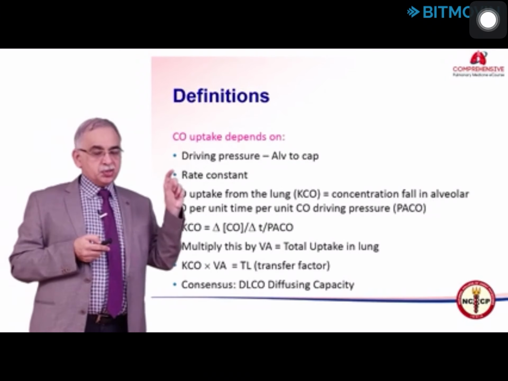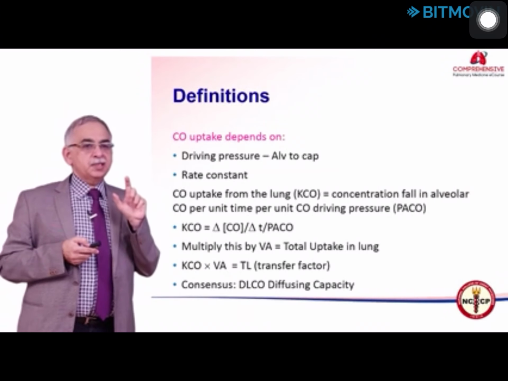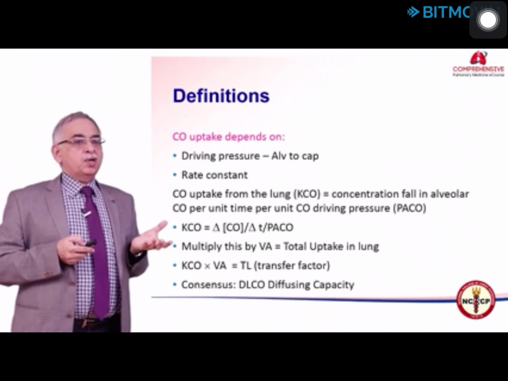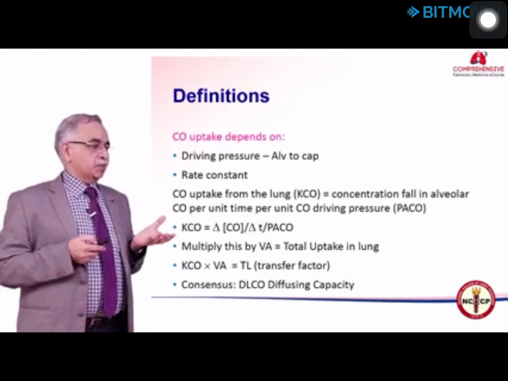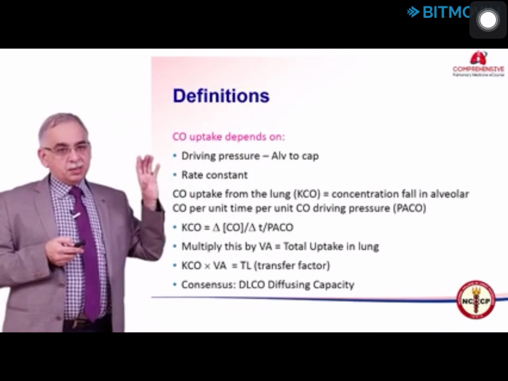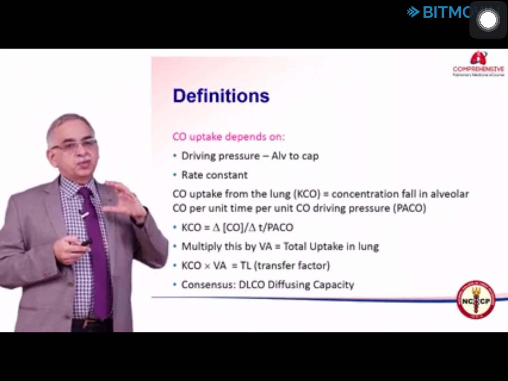So, this gives us the property of 1 unit of the lung. Then we estimate the overall volume of the lung, which is written as VA. So, we have measured the transfer in 1 unit and then measure the total number of units in the lung.